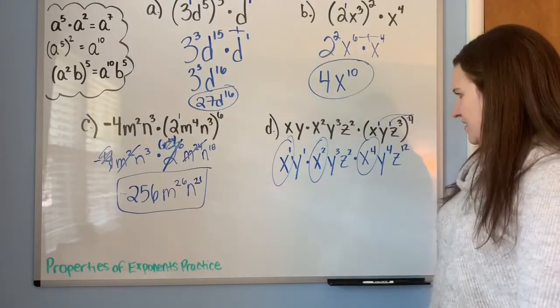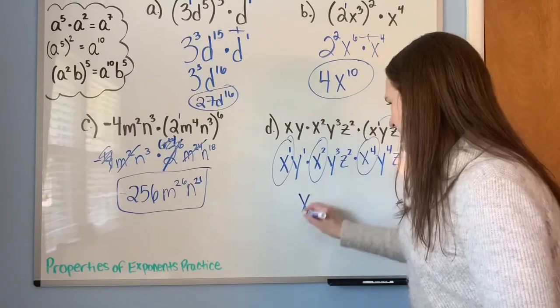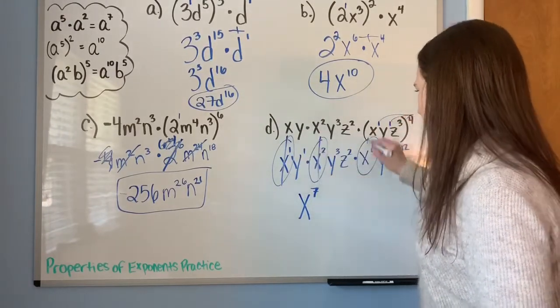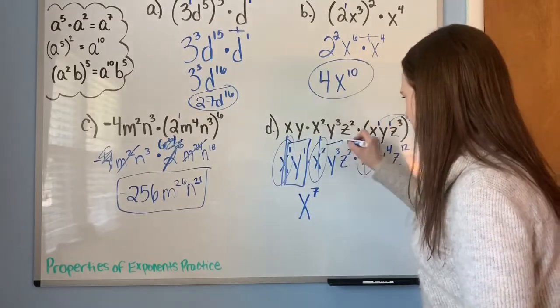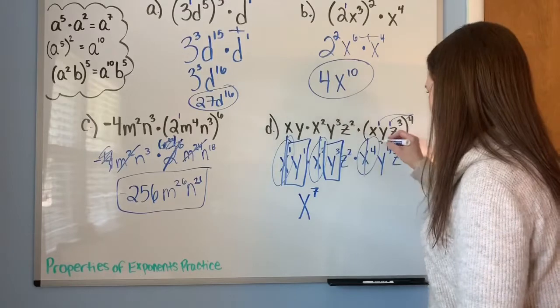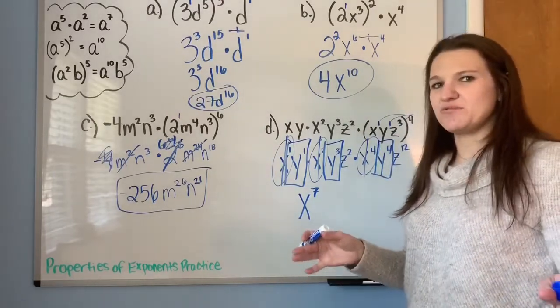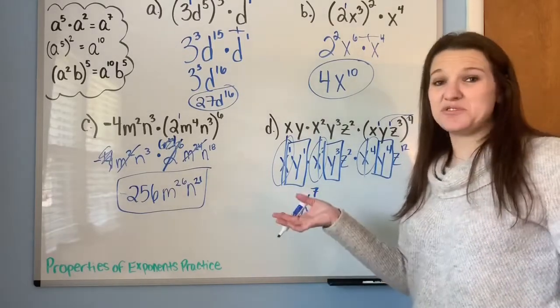All right, let's add our exponents. We have 4, 5, 6, 7. X to the 7th. Cross them off, they're done. Next we have our y's. There's 1. Here's 1. Here's 1. I'm always very hesitant to use red because I know in some of our classes, some students are colorblind.